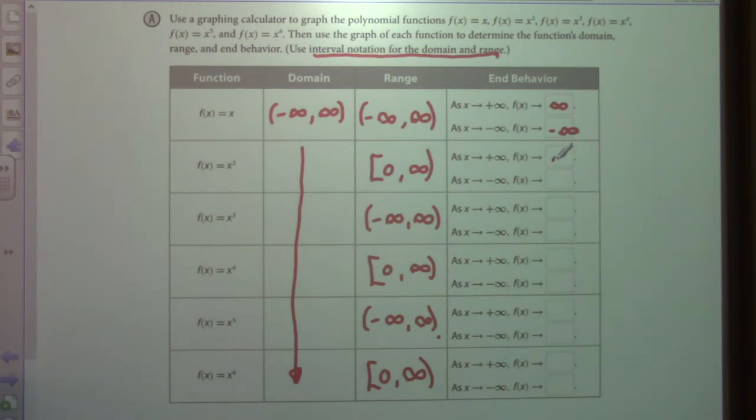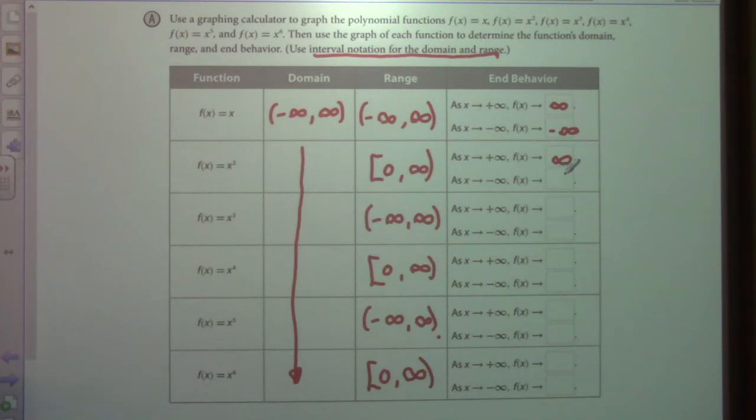Infinity. As x approaches negative infinity, f of x approaches 0? No. What is it? It's 0? No, I'll show you what it is.